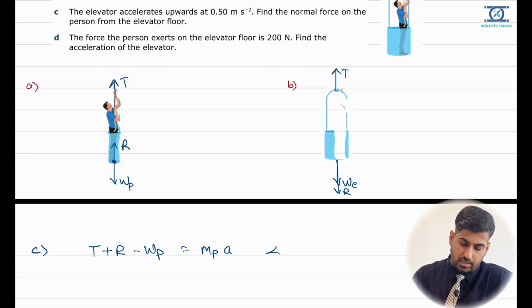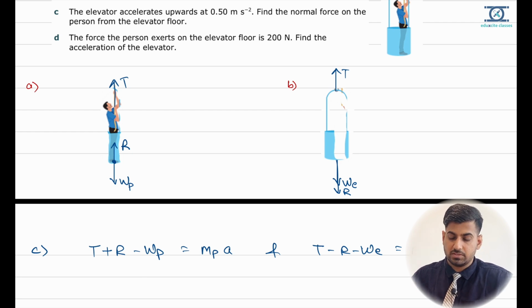And I can also make the equation for the elevator: T, because it is moving upward, minus R minus WE is equal to mass of the elevator times acceleration. So they both will have the same acceleration. The mass of the person, the mass of the elevator and the acceleration are known to us.